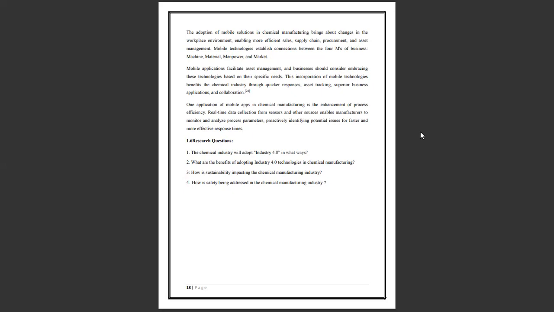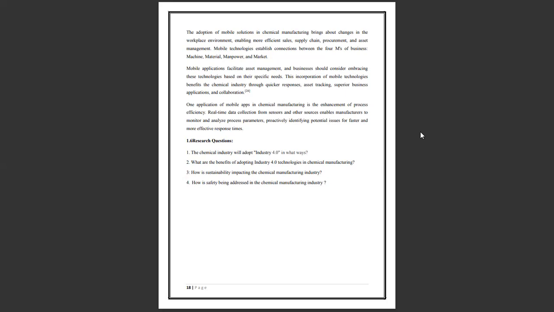Mobile technologies establish connections between the 5Ms of business: machine, material, manpower, and market. Mobile applications facilitate asset management, and businesses should consider embracing these technologies based on their specific needs. This incorporation of mobile technologies benefits the chemical industry through quicker response and tracking, and better business application and collaboration.